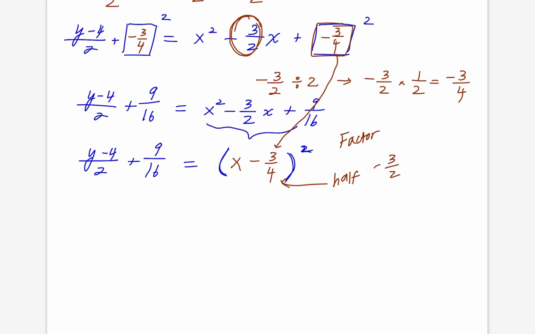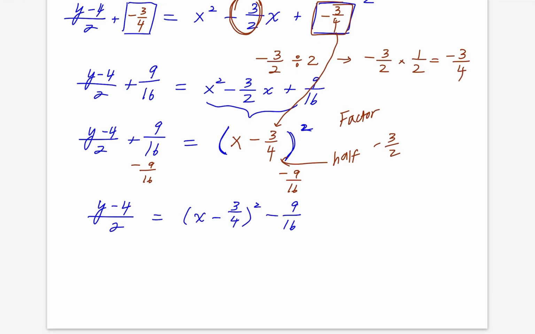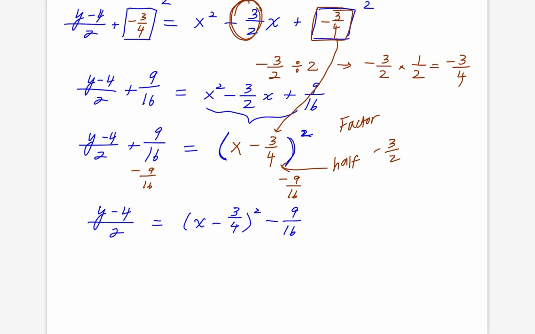We're almost done. We want our equation to be y equals. So we've got to solve for y. And to solve for y, I'm going to now move the constant, which means I'm going to subtract 9/16 from both sides. I'm trying to isolate the y here. Okay. And then I'm going to multiply both sides by 2.